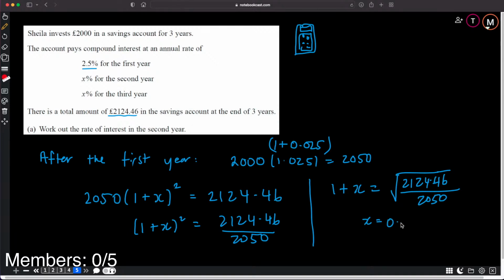You get 0.017999 or something close to that, which I rounded off to 1.8%. So to answer the question, the rate of interest in the second year I'm saying is 1.8%.